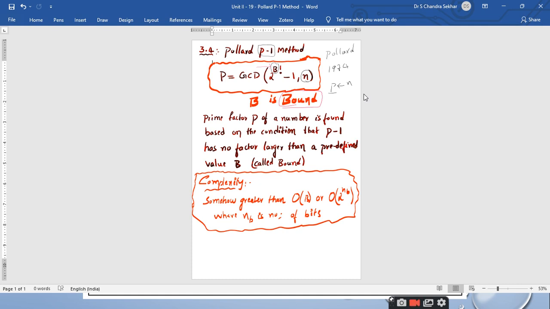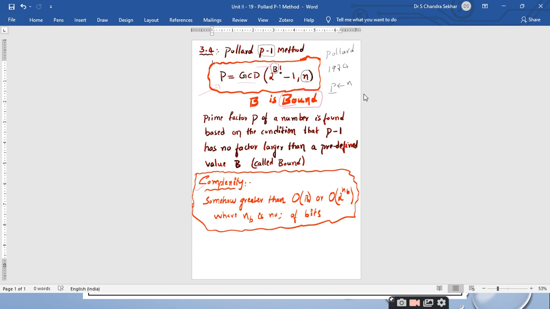Yes, sir. So Pollard showed the formula p is equal to GCD of 2 power B factorial minus 1 comma n. This is the formula given by Pollard. We are not bothered about what this p-1 factorization algorithm is internally. But as I told, the complexities of these algorithms should be discussed.